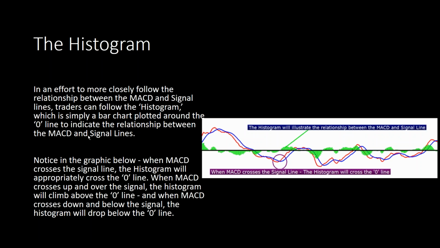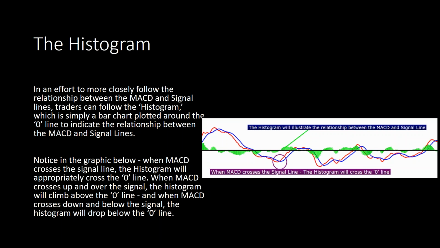So the histogram is an effort to more closely follow the relationship between the MACD and the signal line. Traders can follow the histogram, which is simply a bar chart plotted around the zero line to indicate the relationship between the MACD and the signal line.